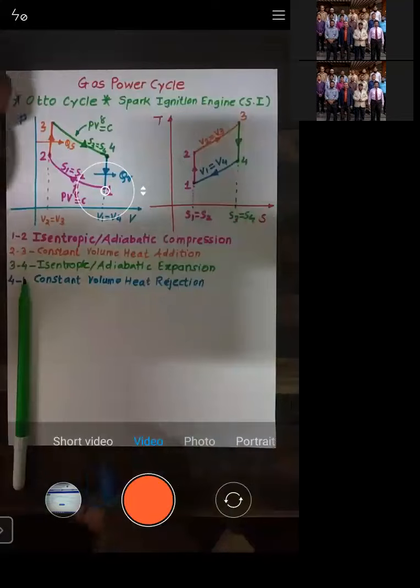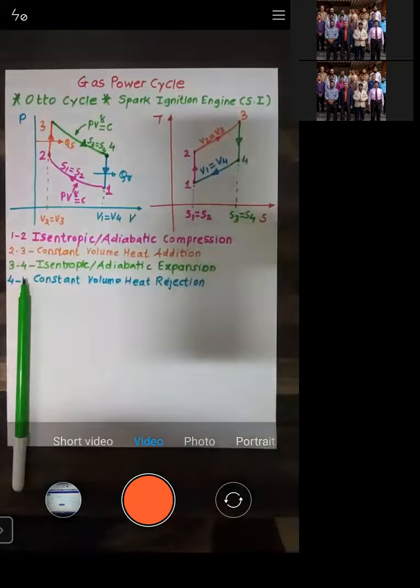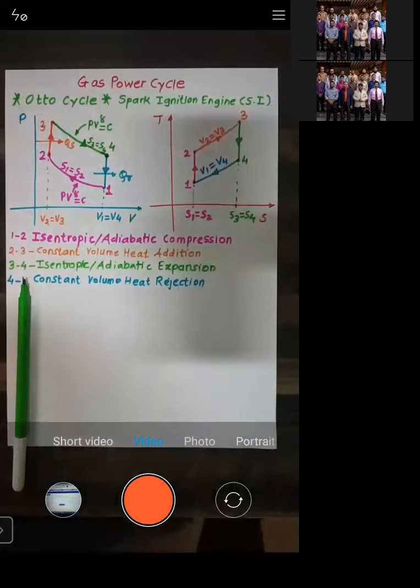Is that clear? Have you understood this TS diagram and PV diagram?